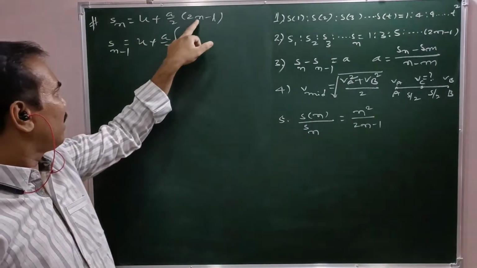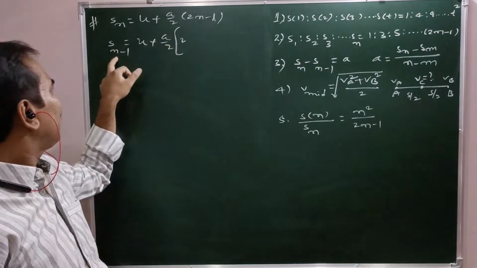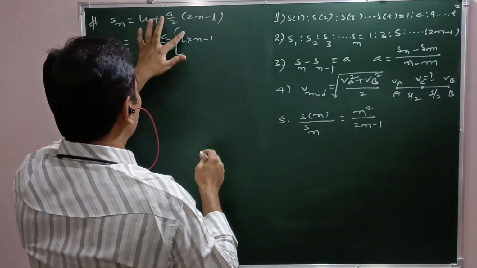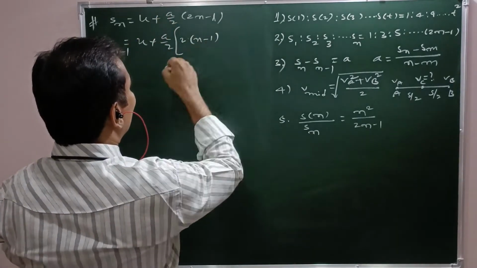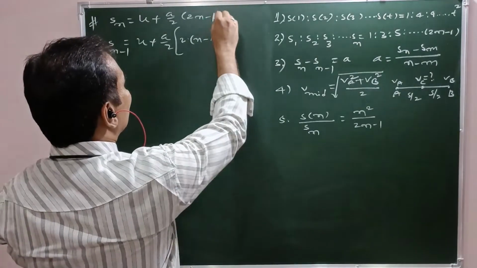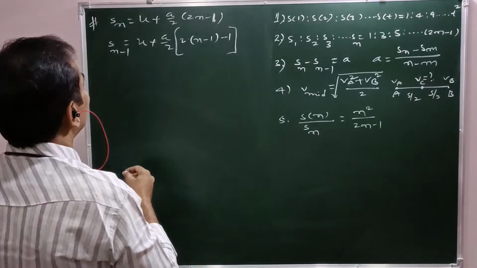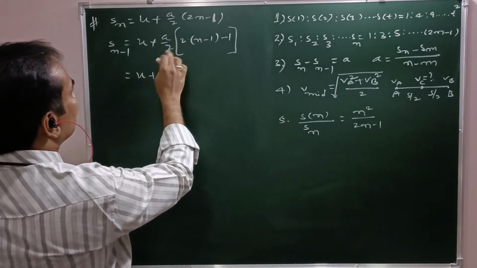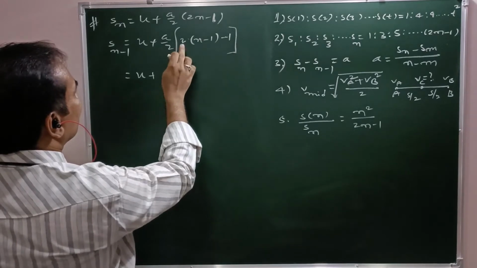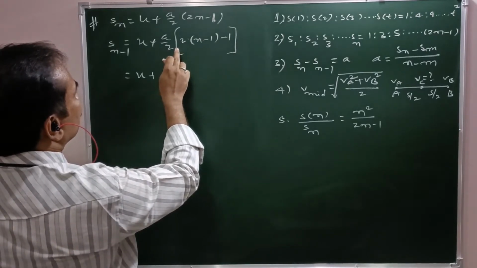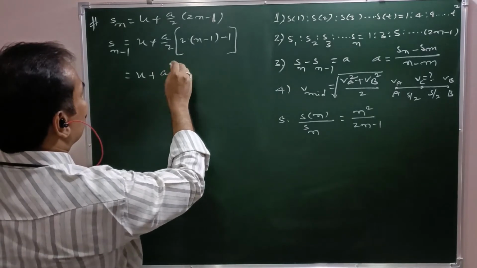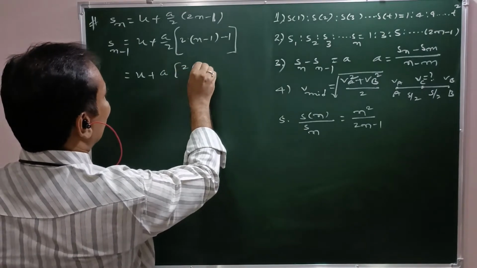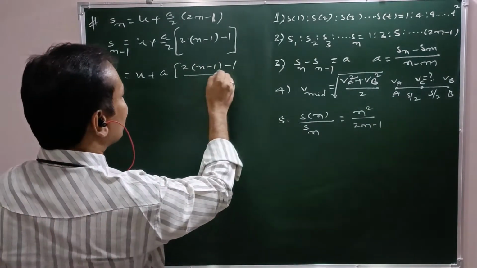If it is n minus 1, here write. In case of n minus 1, that is 2 into n minus 1 minus 1. That is u plus a into, take 2 inside, 2 by 2 cancels, otherwise 2 into n minus 1 minus 1 by 2 here.